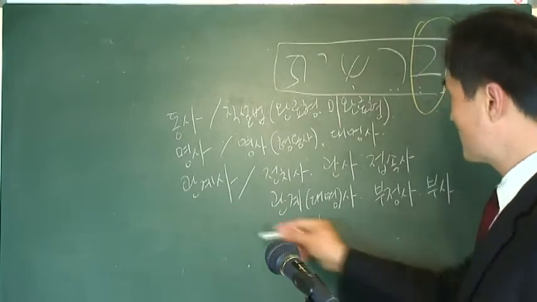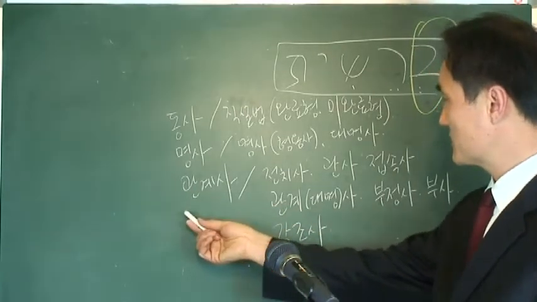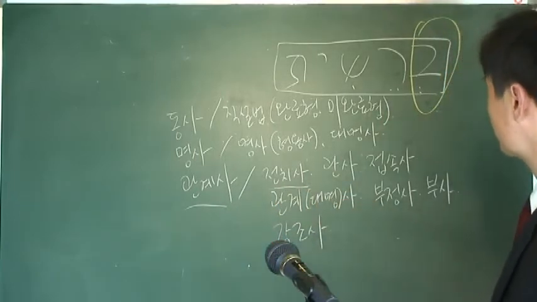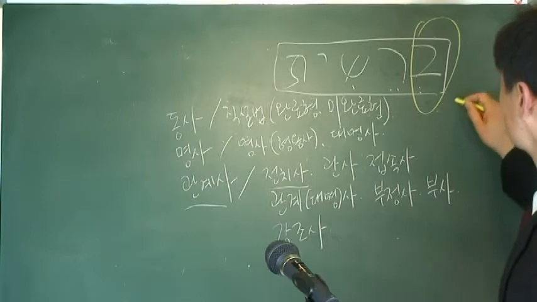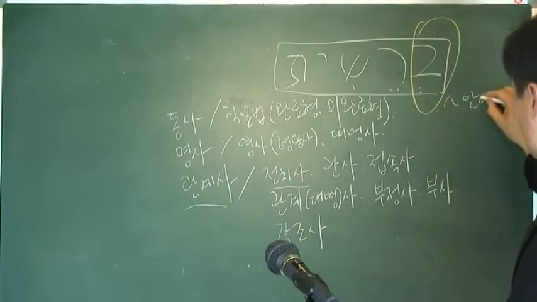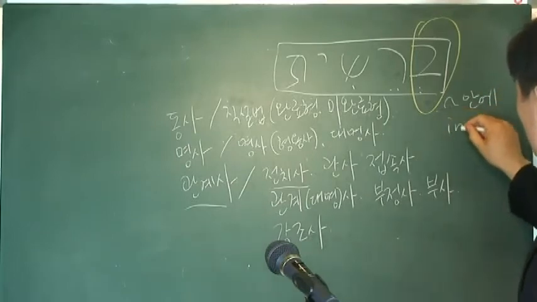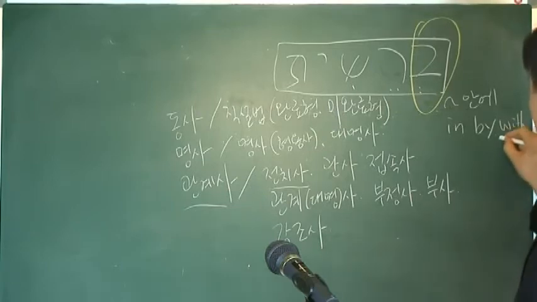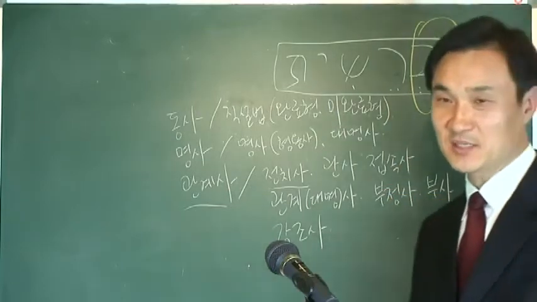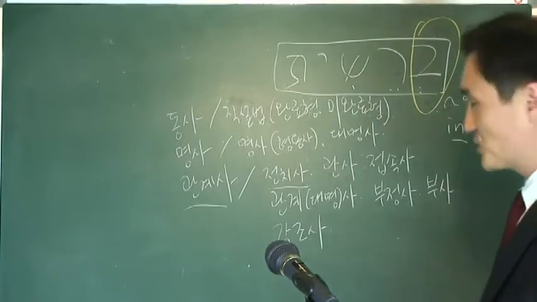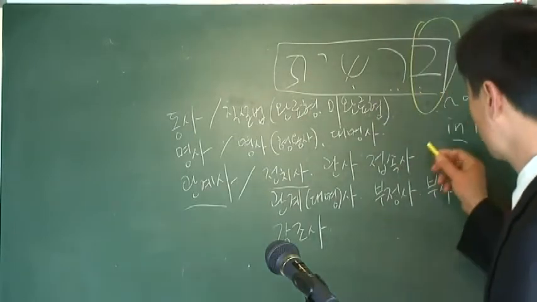Be, at the very beginning, can be seen as a preposition. It is a relative particle and is also a preposition. In English, it can be interpreted as in, by, or with. Next, Reshit.